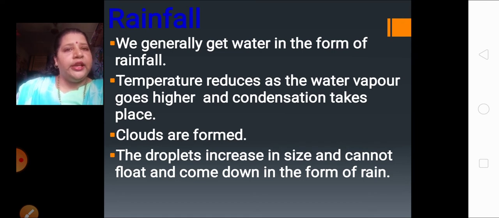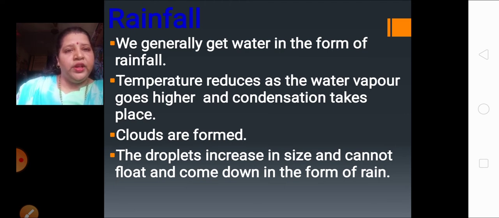They cling to each other, they accumulate, and clouds are formed. Now these droplets cannot float in the atmosphere, and so they come down in the form of rain. And so children, this is how we get the rainfall.